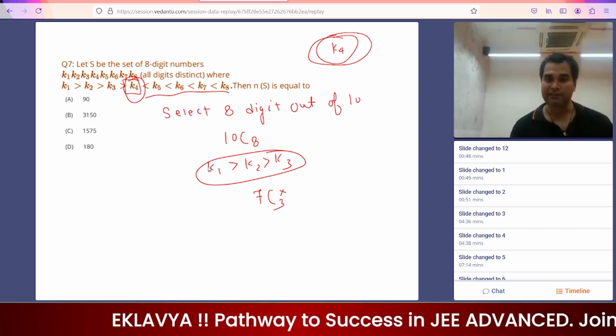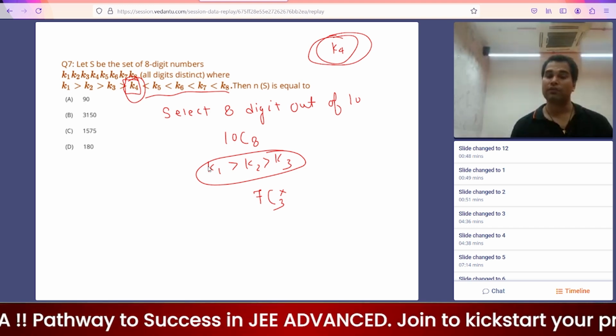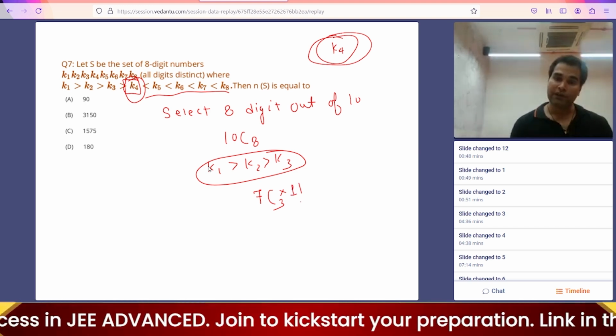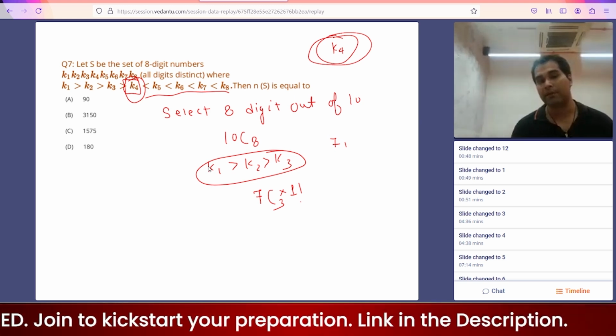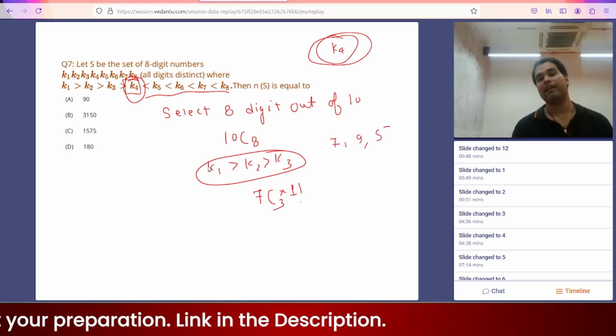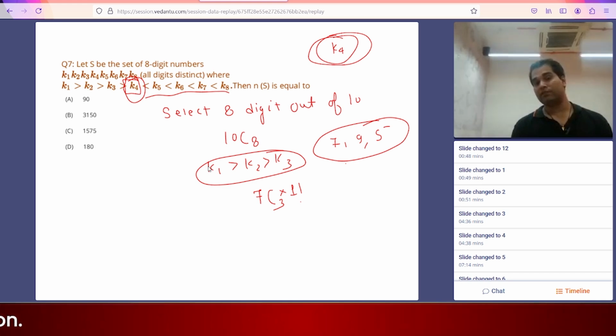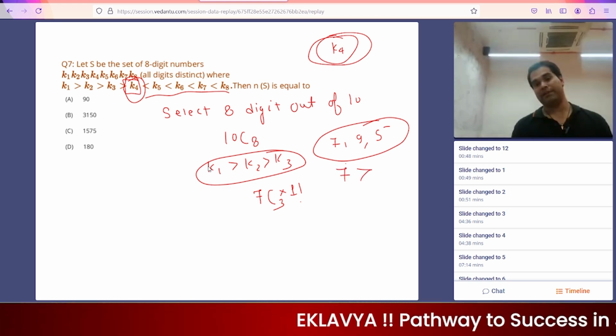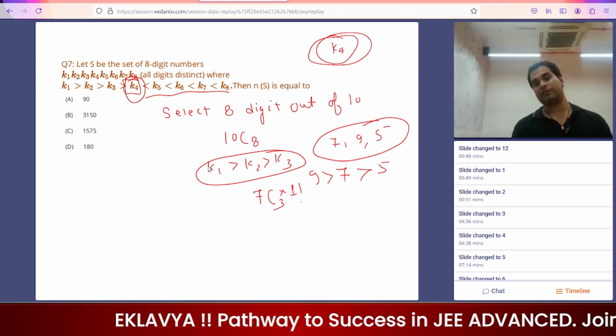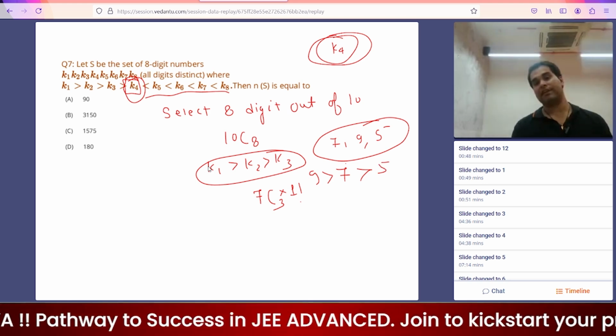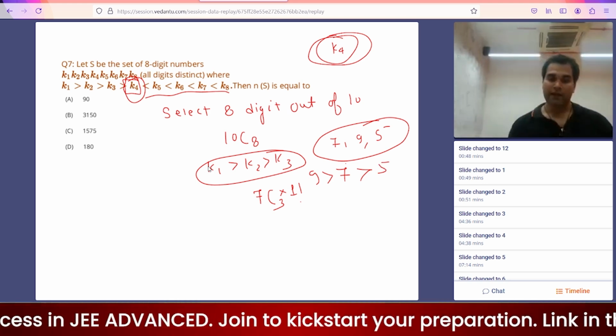And these 3 digits can be arranged in only one way. Suppose, as an example, if the 3 digits are 7, 9, 5, these 3 digits are written in only one way: 9 is greater than 7 is greater than 5.